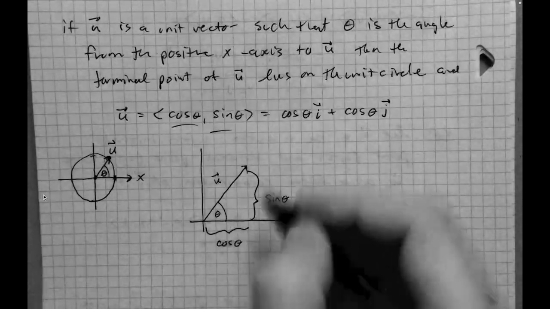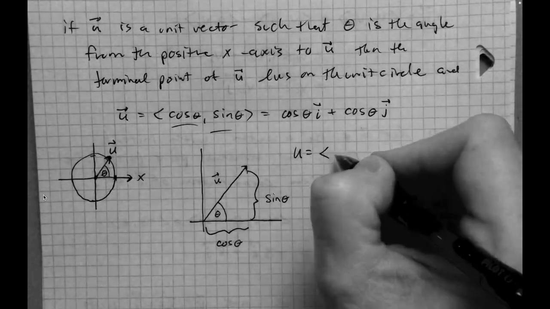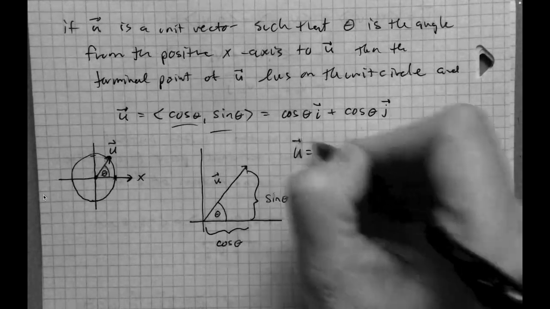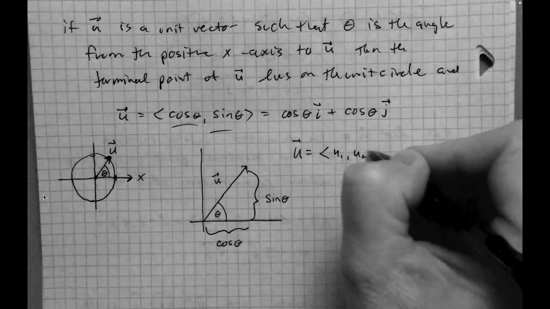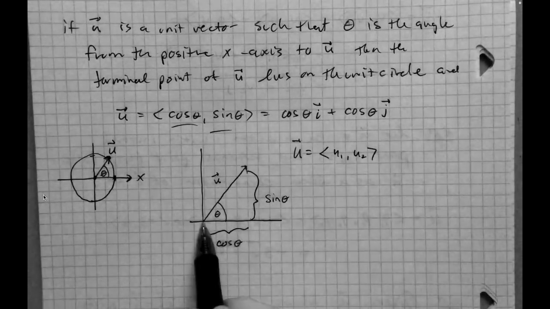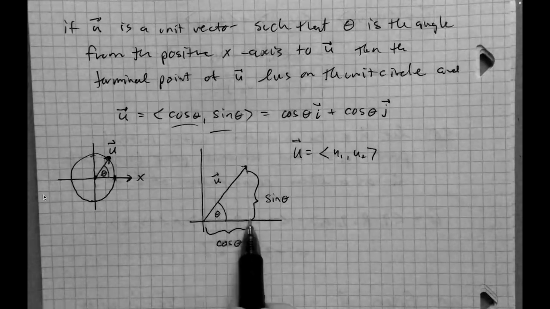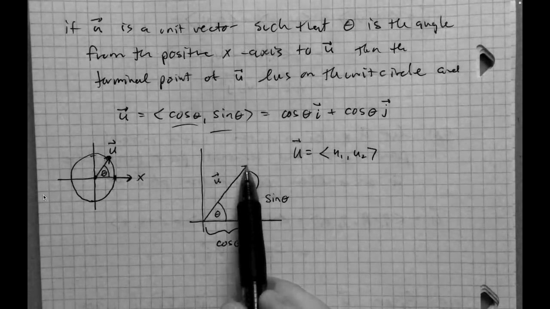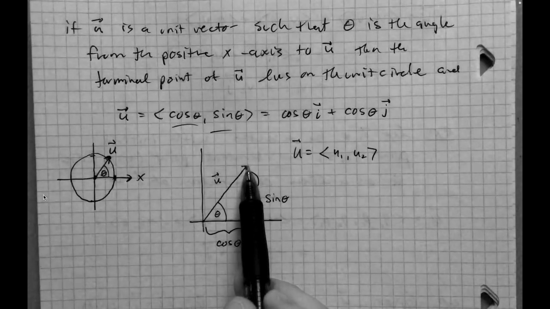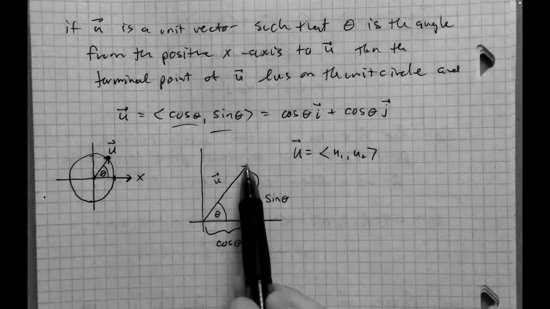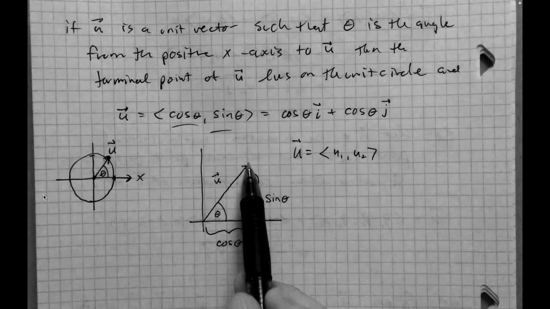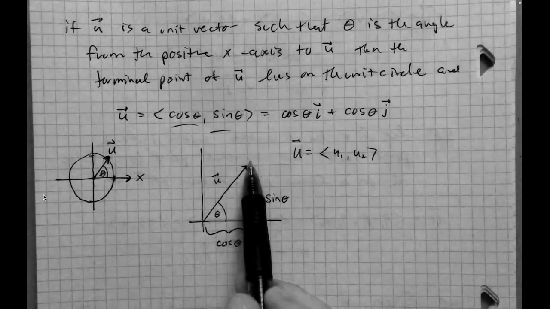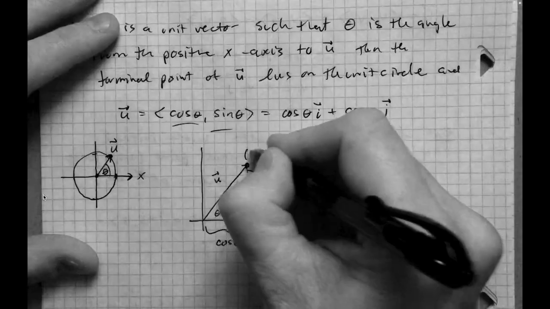Remember u is just u1 comma u2, where u1 is the component, but it's also the coordinate of the terminal point, the x coordinate of the terminal point, and u2 will be the y coordinate of the terminal point.